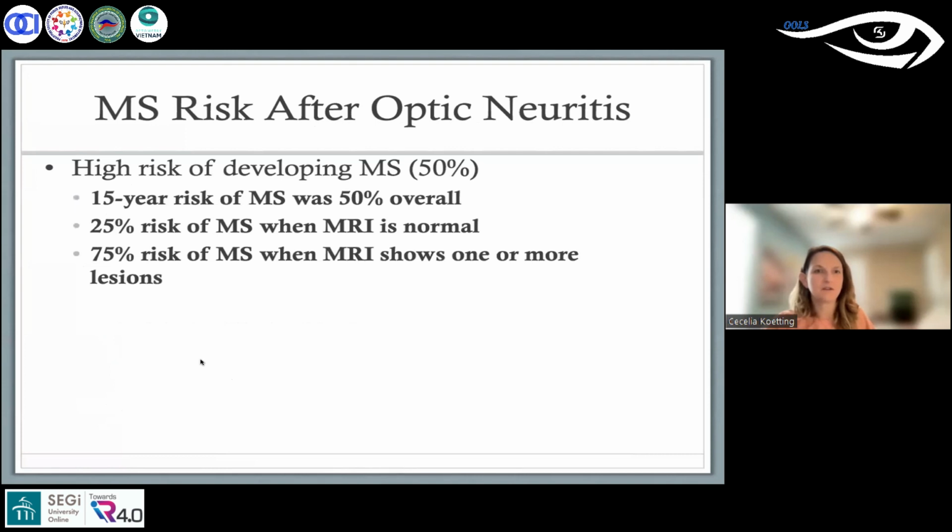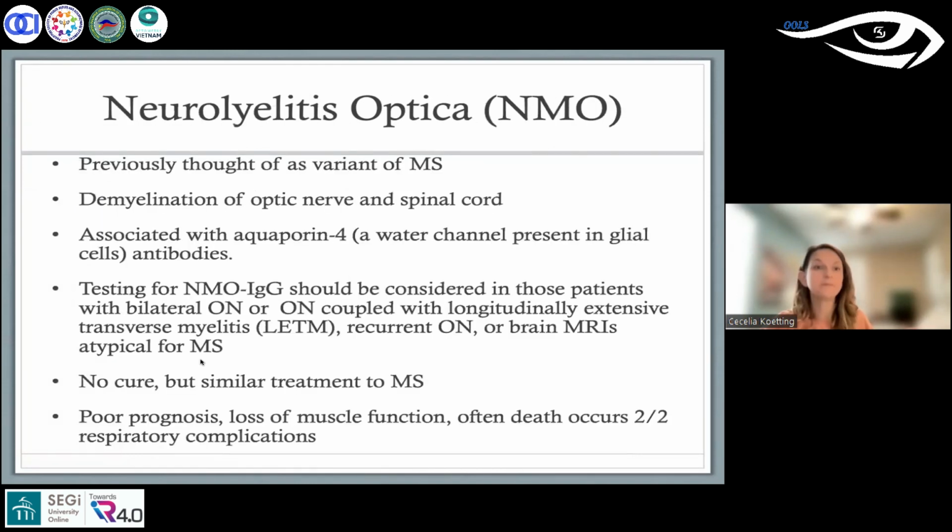MS risk after optic neuritis, approximately 50% risk of developing MS. 15-year risk is 50%, 25% risk of MS when MRI is normal, meaning nothing other than optic neuritis was seen. Again, remember, we were talking about MRIs of the head because we're looking for other lesions, and that's why. 75% risk that they develop MS or have MS if the MRI shows one or more lesions, meaning it shows the optic neuritis, but it also shows another lesion.